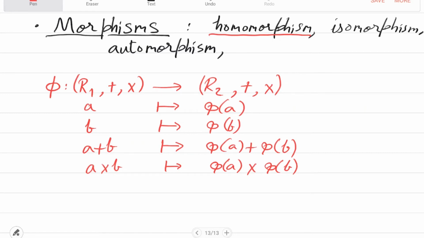And from this basic axiom, you can deduce many things. So for example, where should 0 be mapped to? We have not written it here, but from this axiom, you can deduce that 0 will be mapped to 0 and 1 will be mapped to 1. We have to mention that explicitly in a morphism. 1 might be mapped to 0, you are saying.